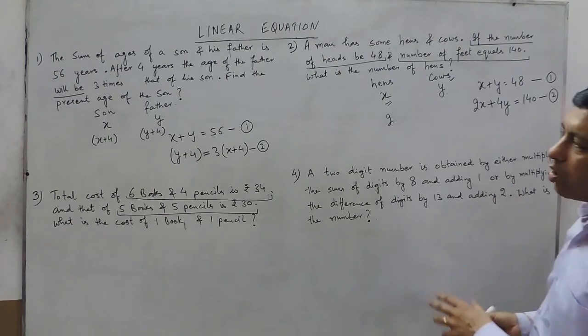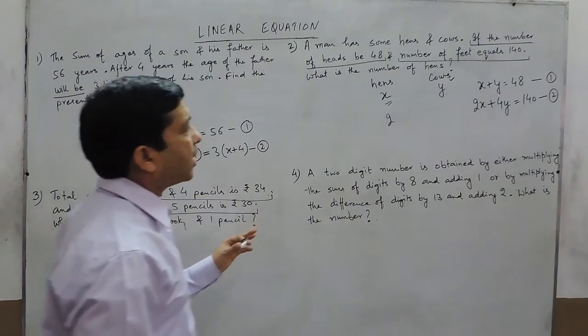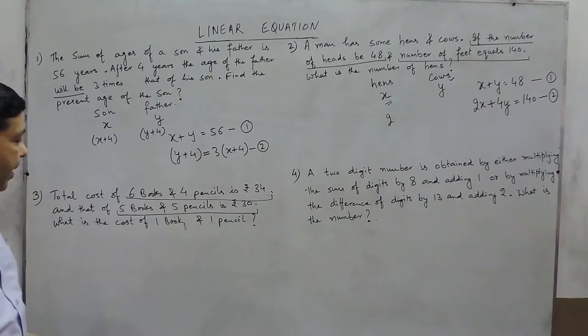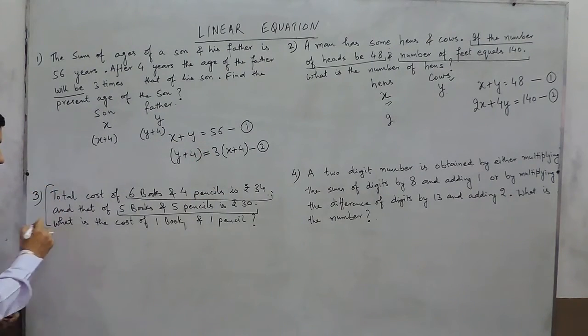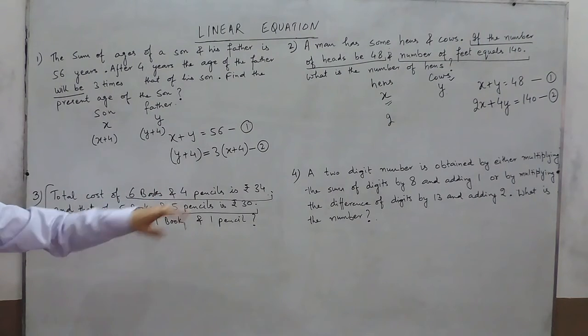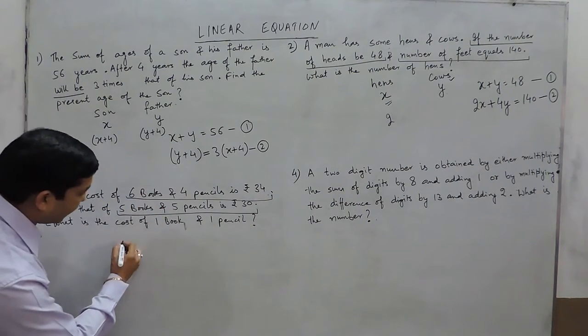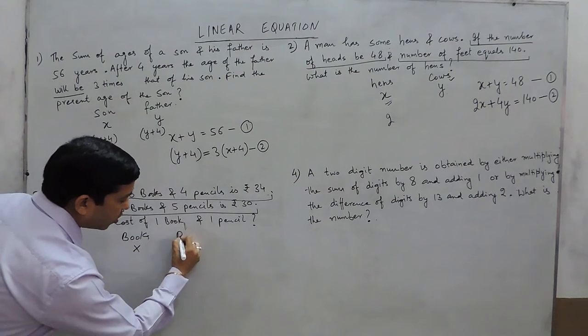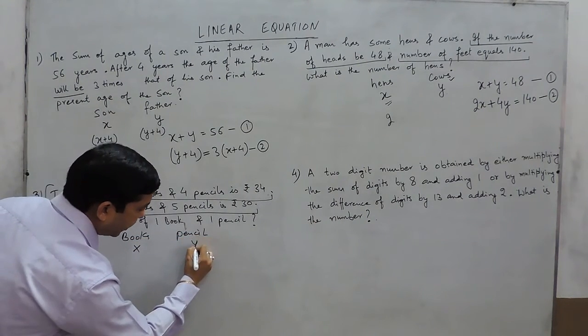So here we are only talking about how to make the linear equation with two variables from these statements. Now we talk about the third question. Total cost of 6 books and 4 pencils is rupees 34. Suppose the cost of a book is x and the cost of a pencil is y.